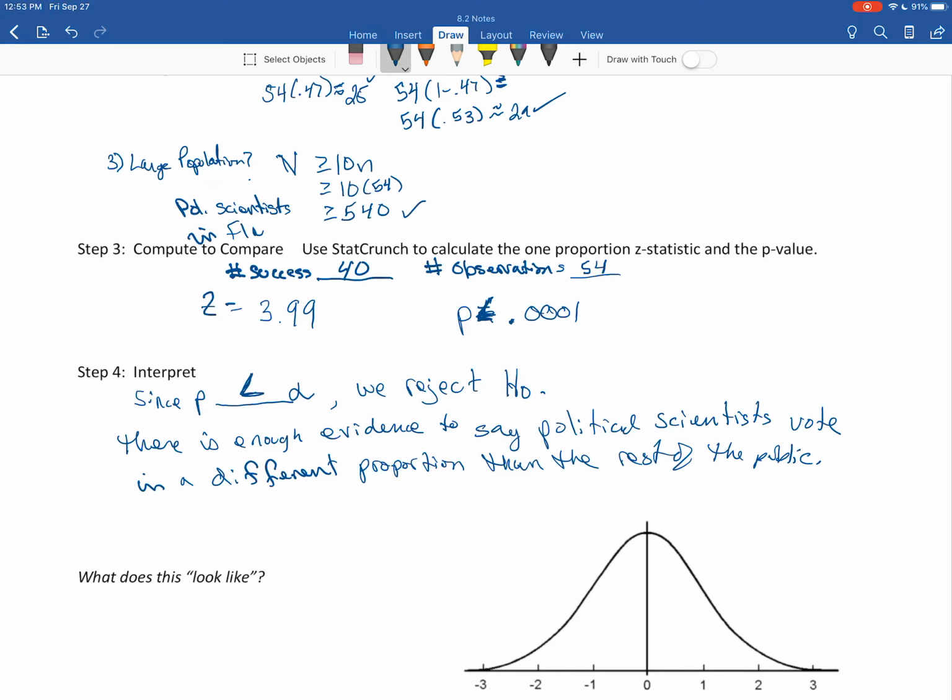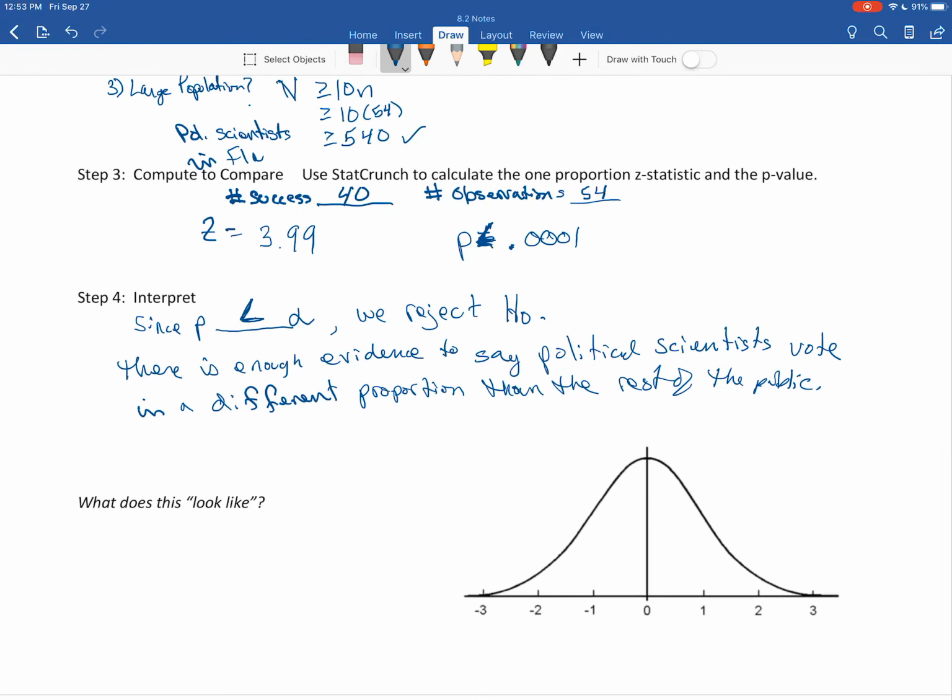So I can say that. That is all I was trying to show. I was trying to show enough evidence that they vote differently. I have not tested whether they vote more or less. The only question right now was different, so I found enough evidence to go ahead and say that.